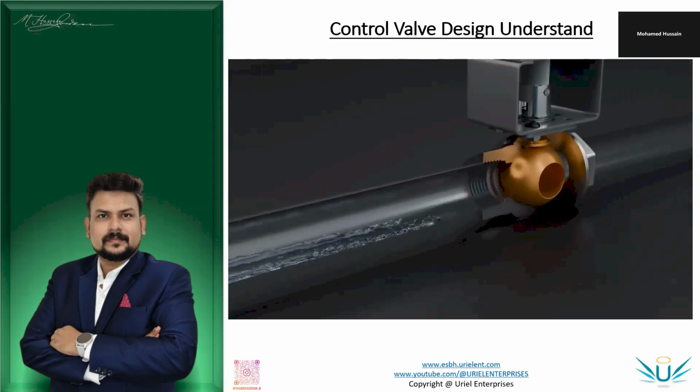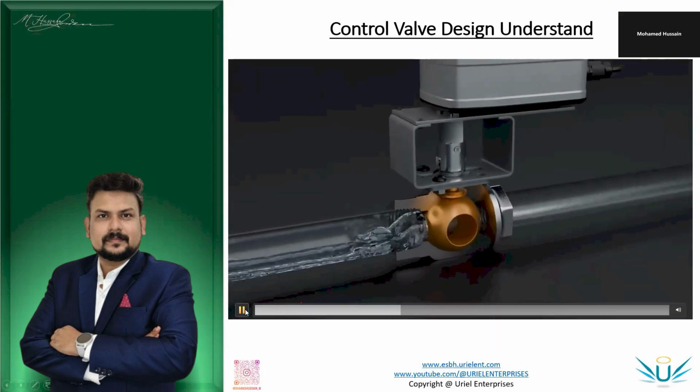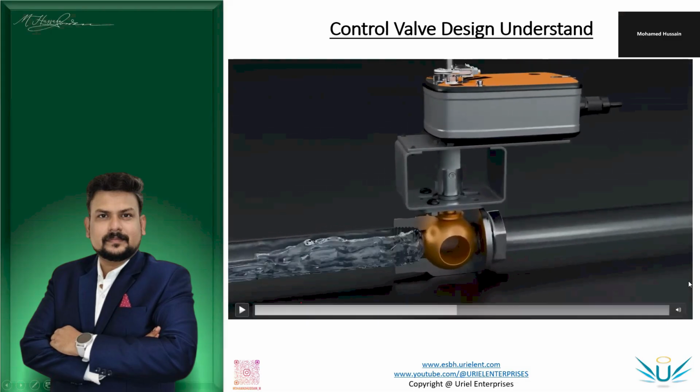So the water is coming. If you look here, the water is coming and the valve is closed. Whenever we are sizing this valve, it has to be capable of holding this water, which means if the pressure is high and you undersize the valve, leakage will happen.